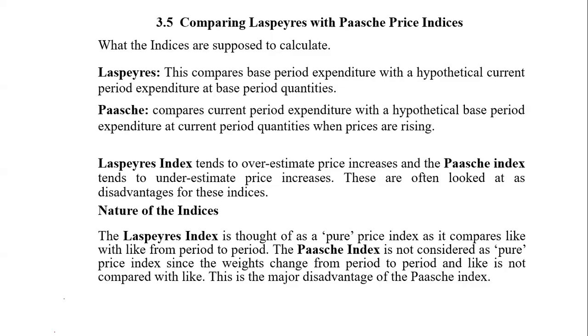Now, the nature of the indices. The Laspeyres index is thought of as a pure price index as it compares like with like from period to period. The Paasche index is not considered a pure price index since the weights change from period to period, and like is not compared with like.